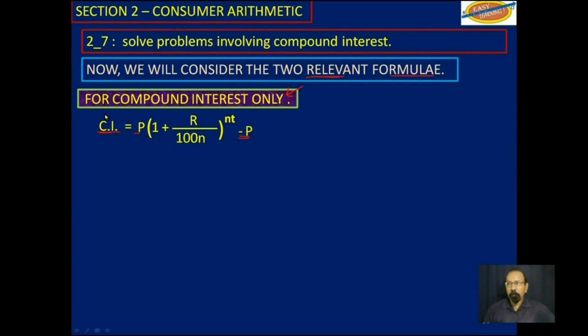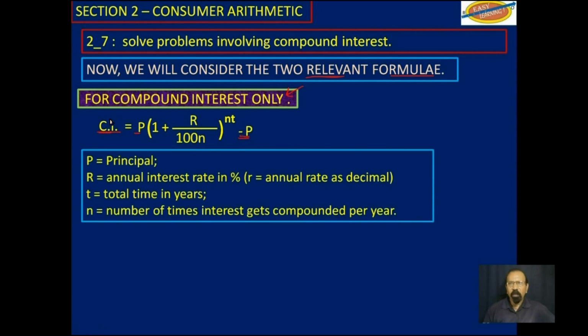That's for the compound interest. That's just the interest. P stands, of course, for principal. Uppercase R is the annual interest rate in percent. Now, if you see a lowercase r, which we will see just now, that is the annual rate as a decimal. T is total time in years, and N is the number of times interest gets compounded each year.